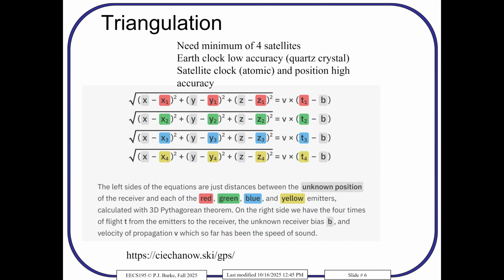What are some other sources of uncertainty in your position that people can think of? Yes, the speed of light in a vacuum is not the same as the speed of light in that. Exactly. The speed of light in vacuum is not the same as the speed of light in the atmosphere.